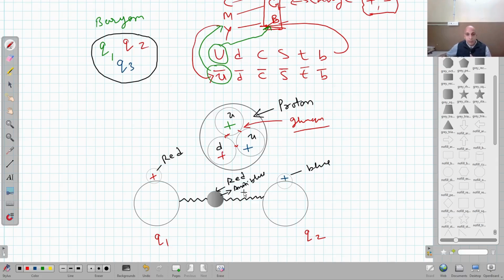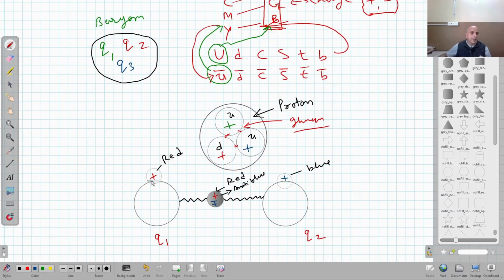And when this anti-blue reaches here, it will annihilate this blue color charge and it will produce red color charge on this quark, right? So it was carrying red and anti-blue. When this gluon is emitted from here and goes toward this side, it carries a color and an anti-color.